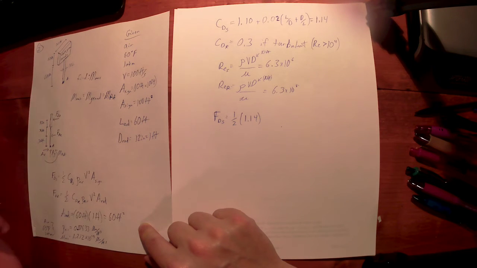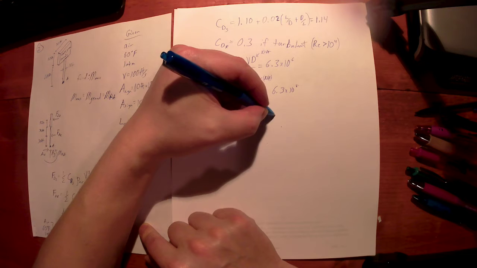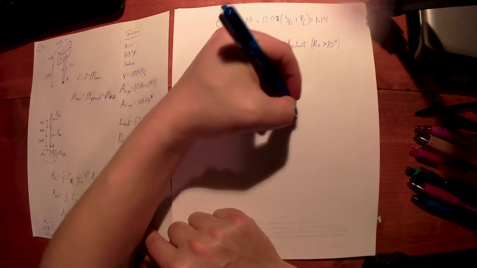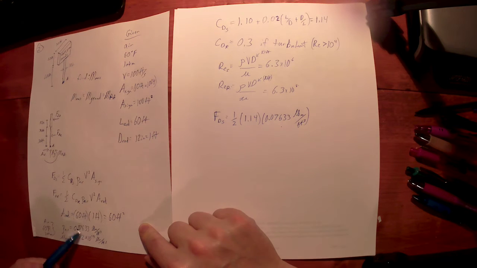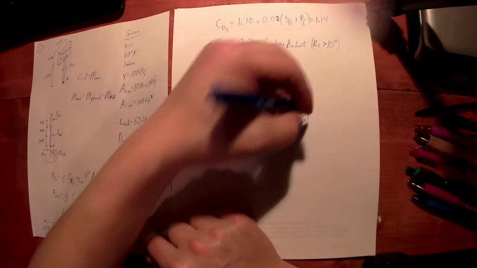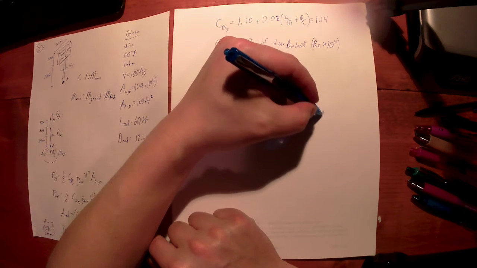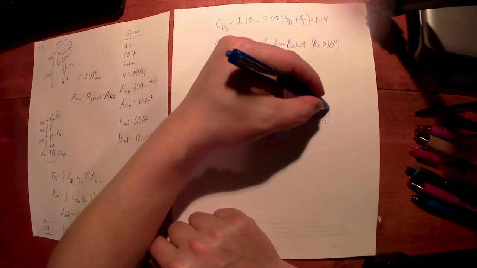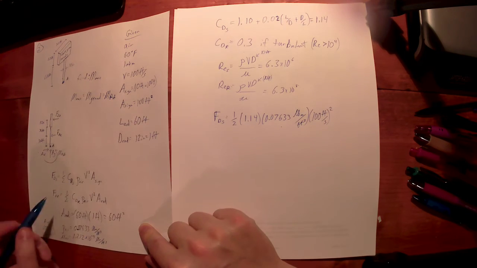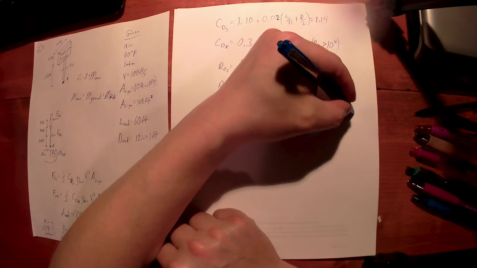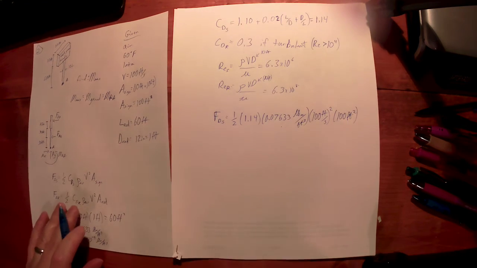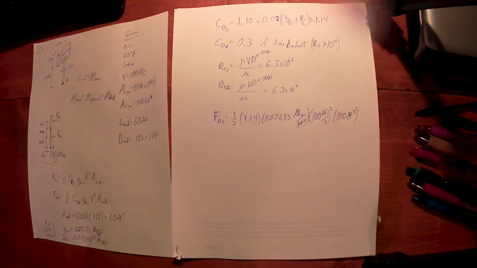Density of the air we've got down here, we said, is 0.07633 pound mass per cubic foot. The speed squared, it's moving at a brisk 100 feet per second, squared. And the area of the sign, we said, is 100 square feet. Let's get a number and worry about units in a second.